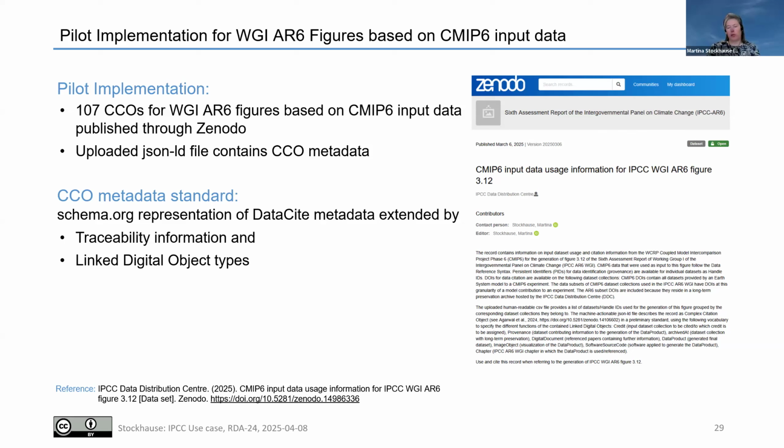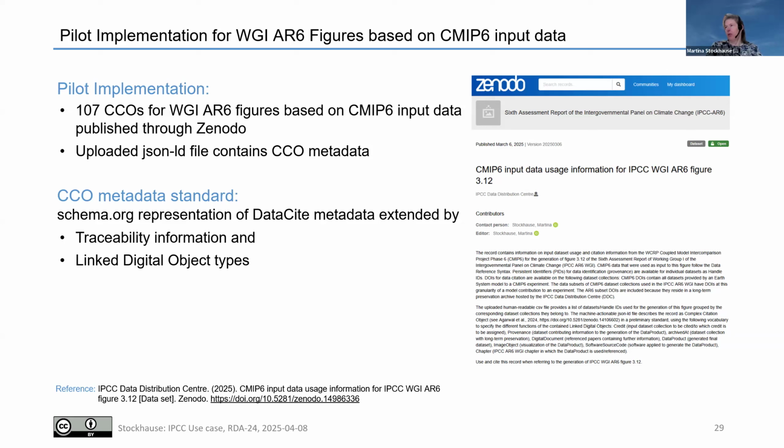If you think about the relations which were introduced, we came up with a deeper structure, so not a single level, but 2 levels to describe the internal relationships, like: from this DOI, 2 data sets were used. This is the granularity on the 2nd level. And we came up with linked digital object types.